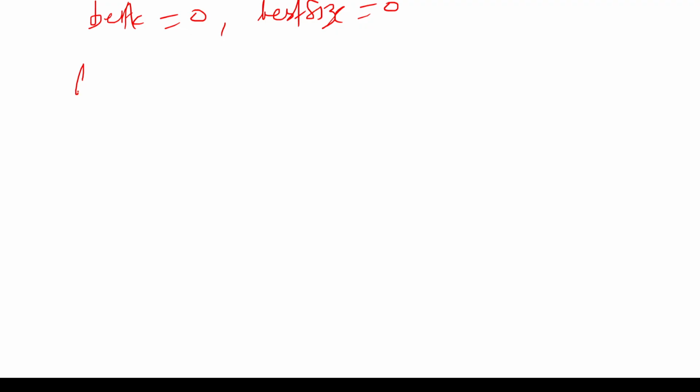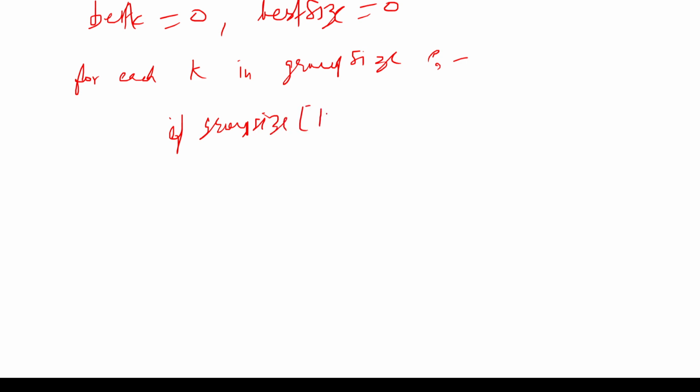Then we want to track the best k and best size, right? For that, just make a for loop: for each k in our group size, we iterate over the group size, and for each k you check if the group size at k is greater than the best size.